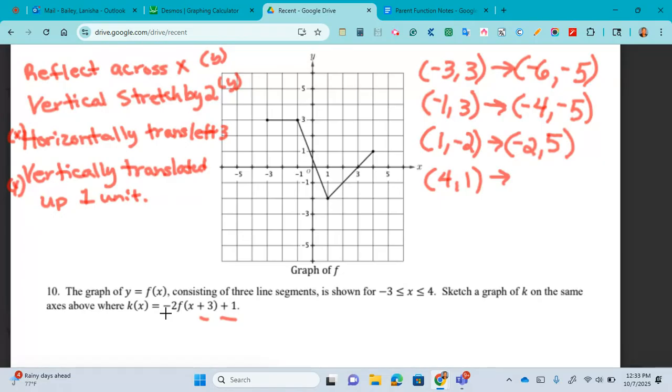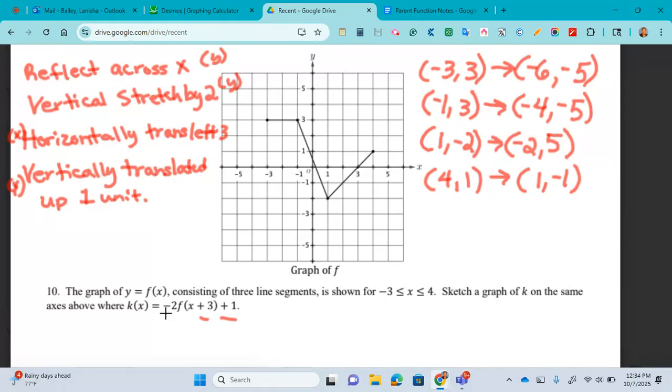So, horizontally translated to the left 3 gives me what for my x? 1. Reflected across the x-axis, changed my y to a negative. Vertically stretched by 2, change my -1 to a -2. And vertically translated up 1 unit, change my -2 to a -1.